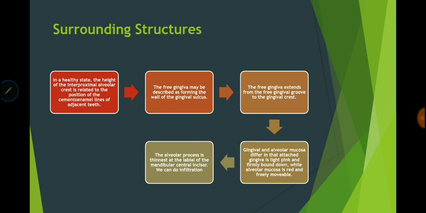The free gingiva may be described as forming the wall of the gingival sulcus. And the free gingiva extends from the free gingival groove to the gingival crest. The attached gingiva and the alveolar mucosa differ in that attached gingiva is light pink and firmly bound down, while alveolar mucosa is red and freely movable. You have to keep that in mind, okay?